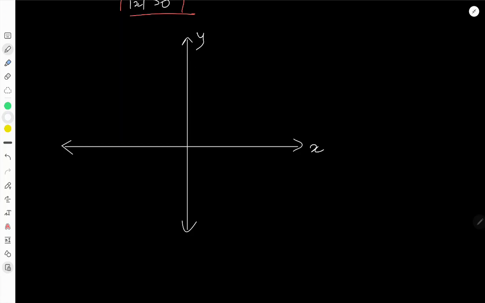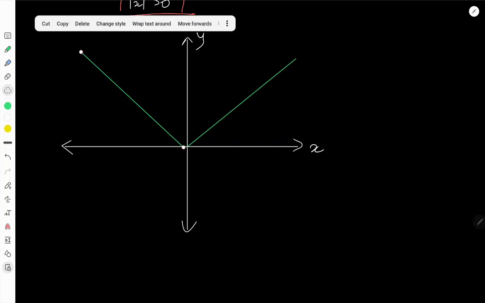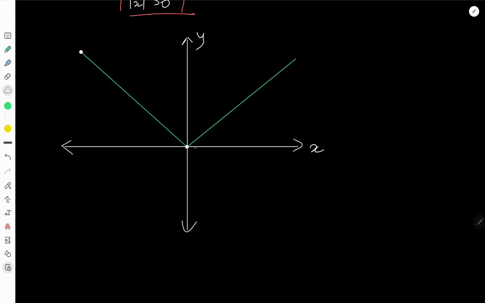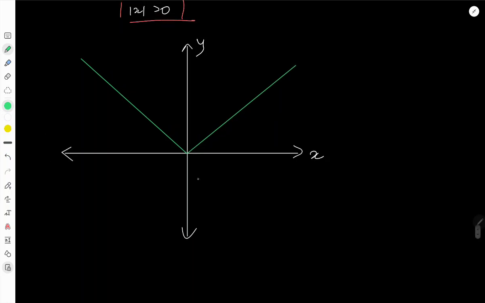This is the x-axis, this is the y-axis. And now the mod x graph goes something like this. I'll rearrange this line a little bit. It needs to touch the origin. Yes, now it is correct. So this is the origin, and this is where x is greater than 0, and this is where x is less than 0.